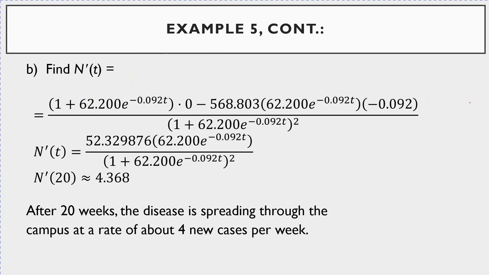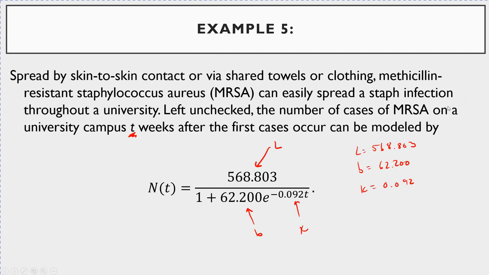All right, so to find the derivative here, there are many ways you could do it, right? You can rewrite this, and then just use the chain rule, or you can use the quotient rule here.